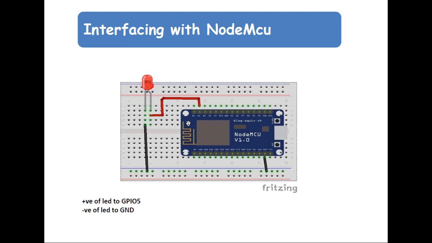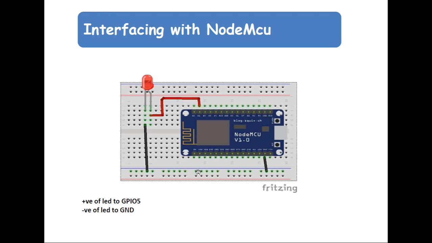This is supposed to be connected with your NodeMCU as shown in this figure, where the positive end will be connected to any one of your digital pins, D0, D1, D2, D3. Likewise, any one of the pins you can connect to the positive side, and the negative pin can be connected to any one of your ground pins. You may have 3 or 4 ground pins. In that, any one of the pins you can give the ground connection, then automatically this LED will work.